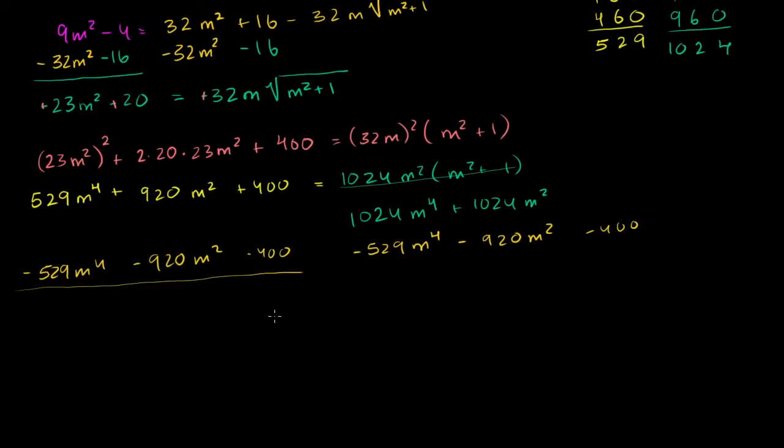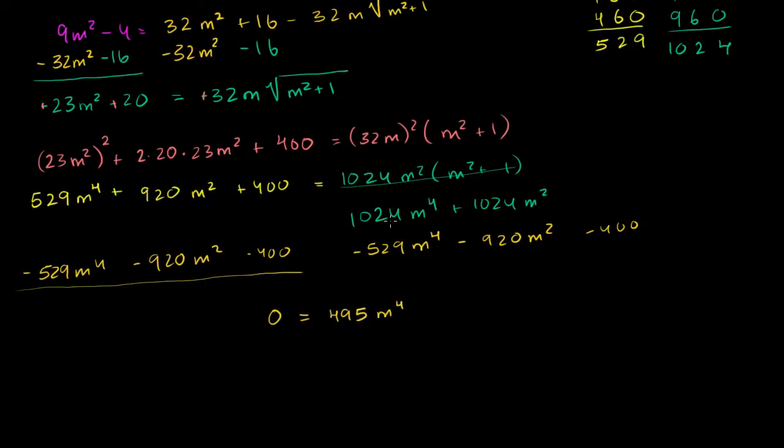So the whole left side simplifies to 0 is equal to 1024 minus 529. Let's see, 1024 minus 524 would have been 500. And so it's going to be 5 less than that. So it's going to be 495 m to the fourth.